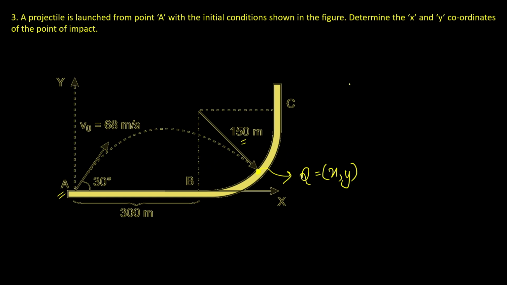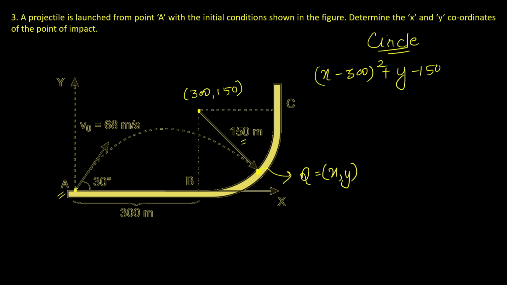For the circle, the x coordinate of the center is 300 from the origin, the y coordinate is 150 from the origin, and the radius is 150. So the equation of the circle is x minus 300 whole square plus y minus 150 whole square equals 150 square, that is the radius square.